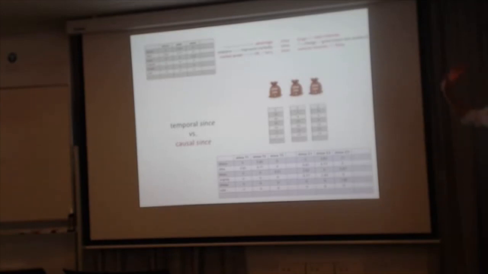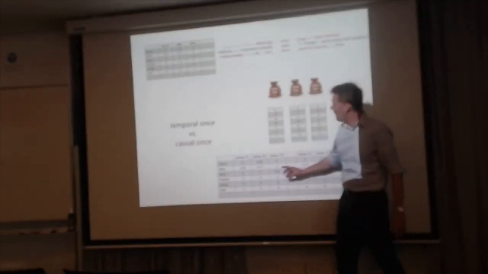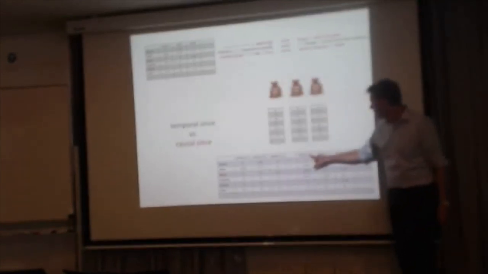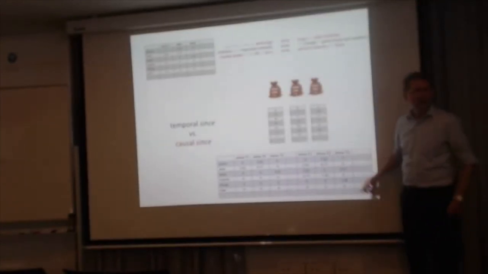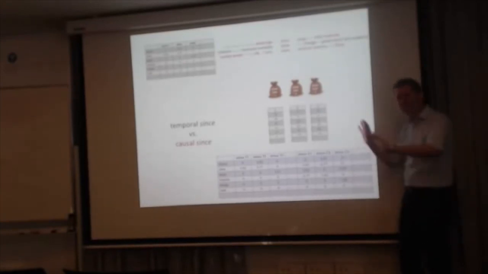So that's not a temporal meaning, but a causal meaning. And so our table is actually comprised of uses of since that are temporal and uses of since that are causal. Ideally, we would like to find some signature in the collocates for this semantic difference.